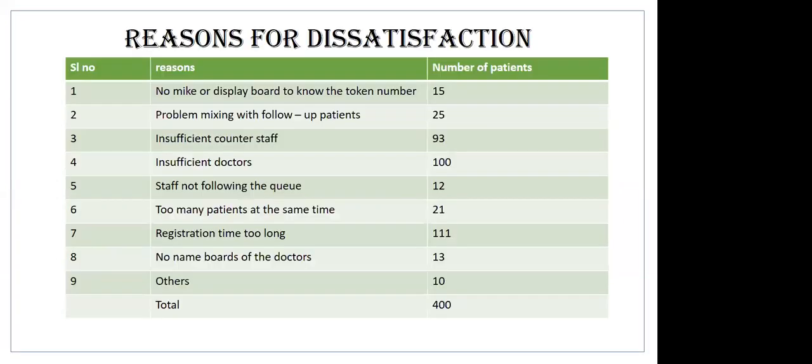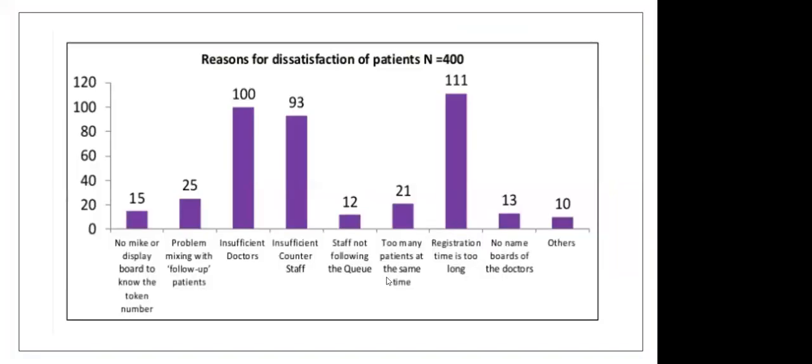This is one of the examples of output data which we get from the check sheet. Here we are plotting the graph with the number of patients versus reasons. In the graph, the x-axis is plotted with reasons and the y-axis is plotted with the number of patients.